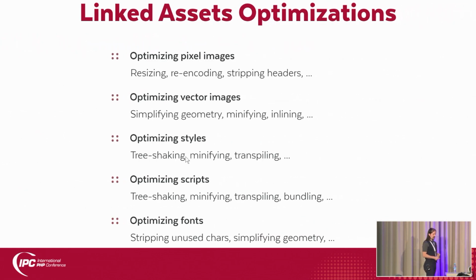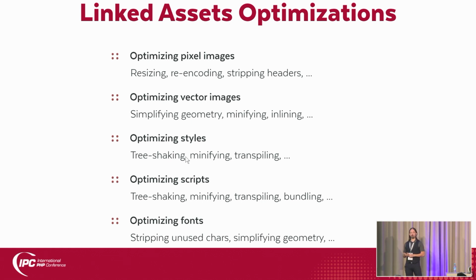Then we have linked assets optimizations. So what we have is we send HTML markup that represents our page or application, and that contains links to everything that cannot be expressed in HTML. That is style sheets, that is scripts, that are images, and all of these linked assets can also be optimized on the server.